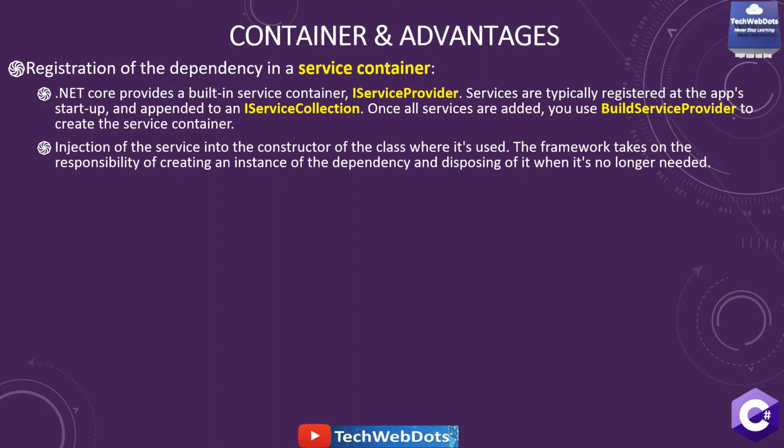Once all services are added, you use BuildServiceProvider, which is called internally, and you can find its implementation in the code itself. It is very easy to create the service container.